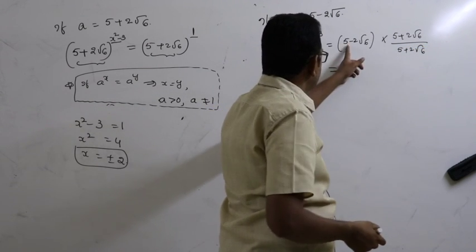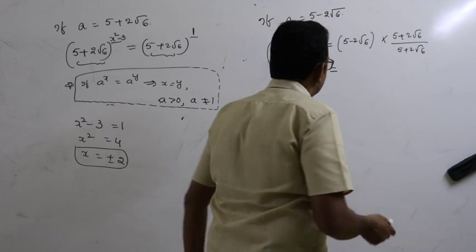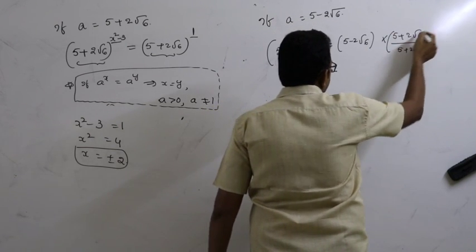So this is again the form a minus b into a plus b, a square minus b square.